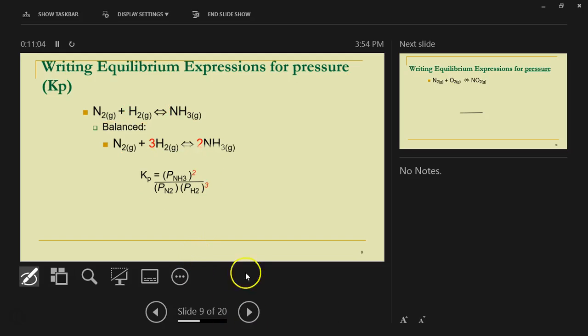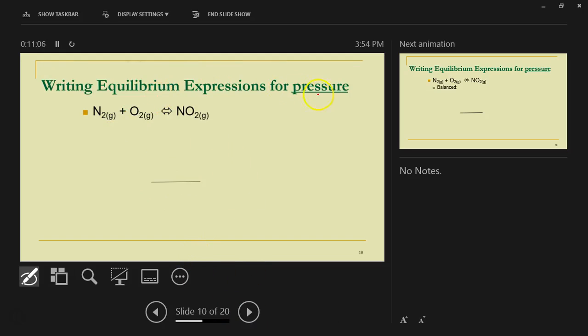All right, so let's write the equilibrium expression for pressure again. So first step, that's right, balance your equation. Second step, check for your states of matter. Third step, write your Kp equation. Pause the video and write your equation.